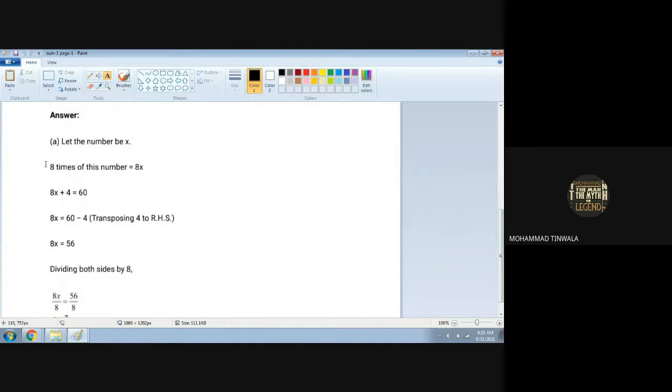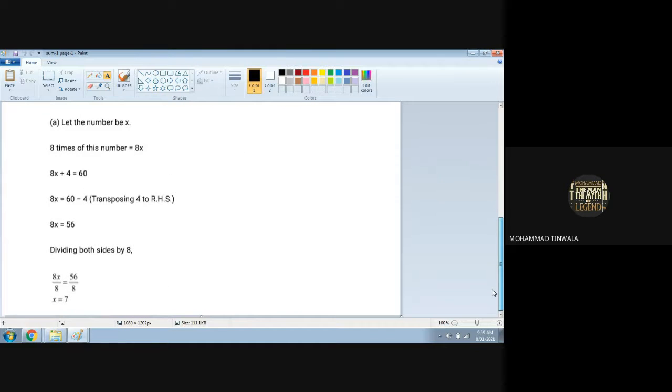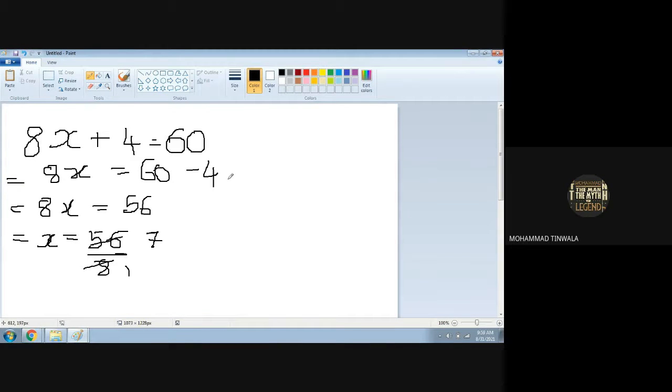See, let's suppose a number be x. 8 times a number is 8x. So 8x plus 4 which gives us 60. Now 8x is equal to 60 minus 4. 8x is equal to 56. Now which method have we done here? Using the value on both the side. But which method did we use here?